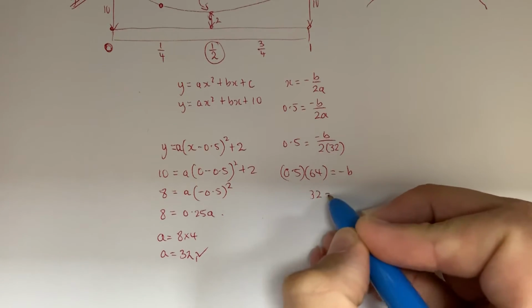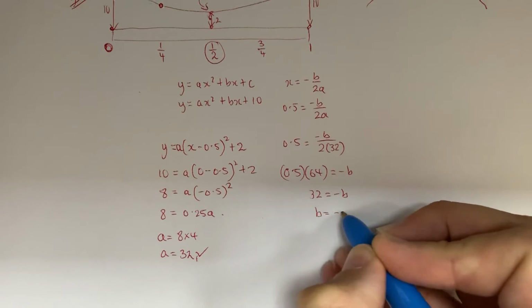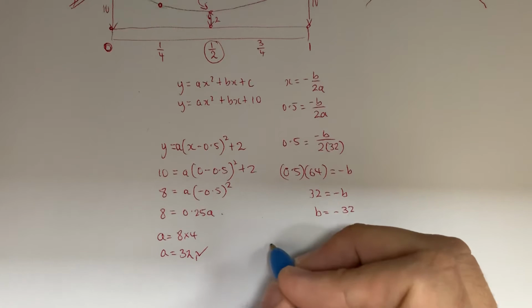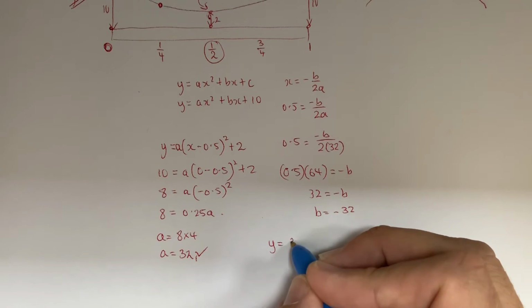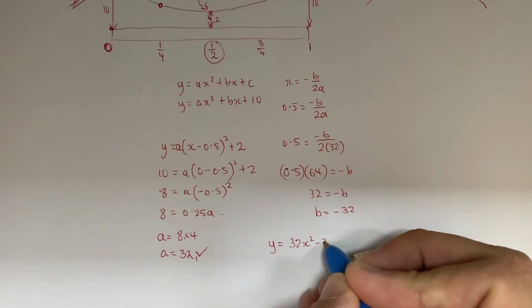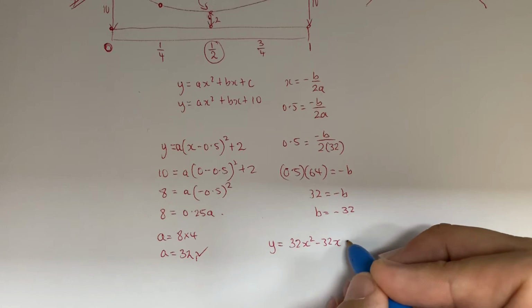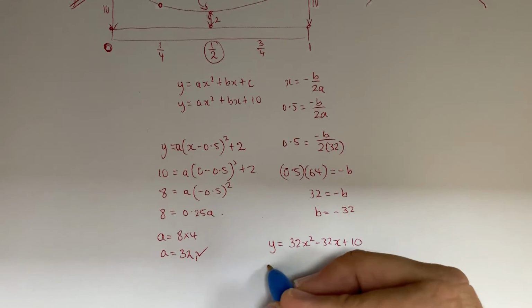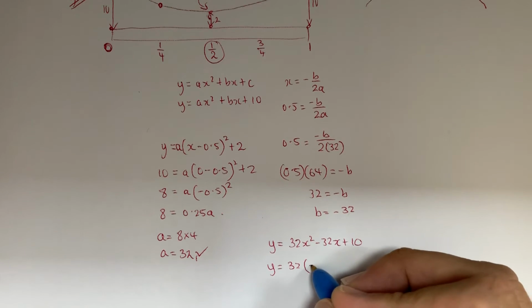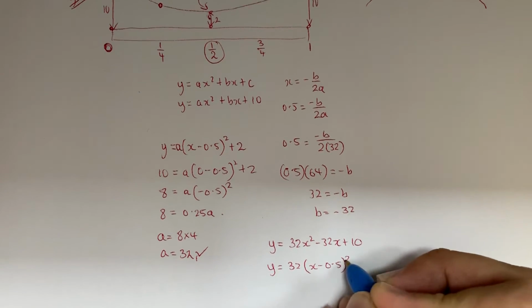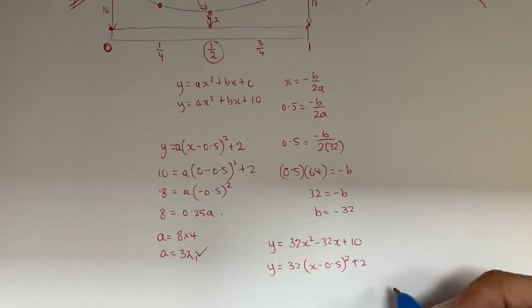So 32 equals negative b, so b equals negative 32. So what have I got? I've got y equals 32x squared minus 32x plus 10. Or if I wanted to put it in completed square form, it would be 32(x minus 0.5) squared plus 2.